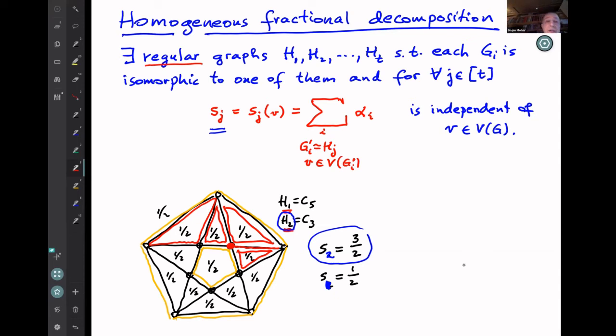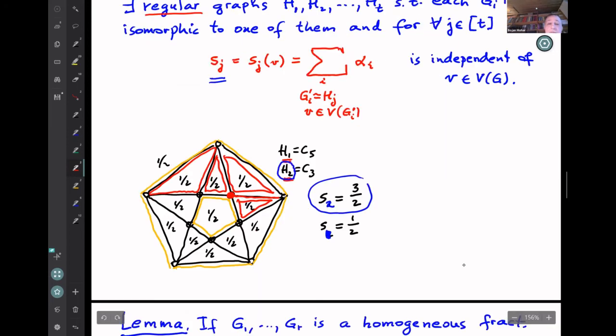So same degree D sub j, so D sub j regular. And that will also imply that the graph itself is regular. Okay, so that's a basic definition of what a homogeneous fractional decomposition means.